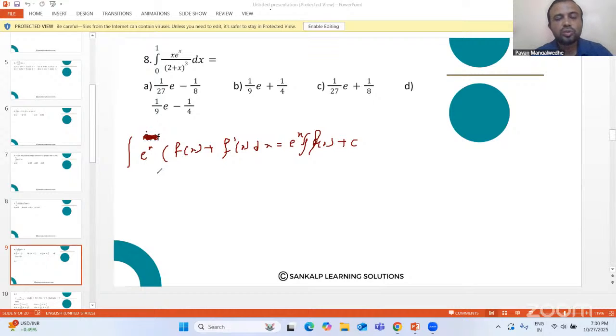Let's try to isolate e raised to x and write it in fraction order. That is x into e raised to x by (2 plus x) the whole cube, which can be written as e raised to x into x upon (2 plus x) cube.